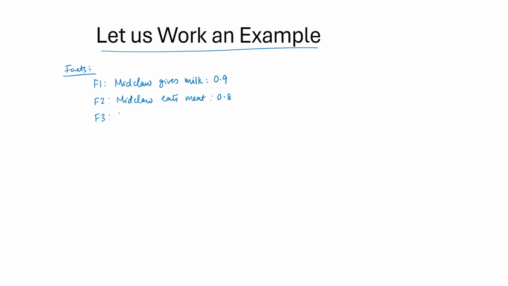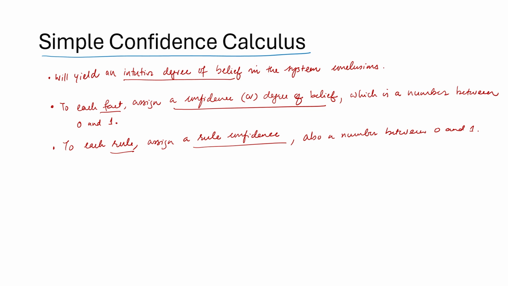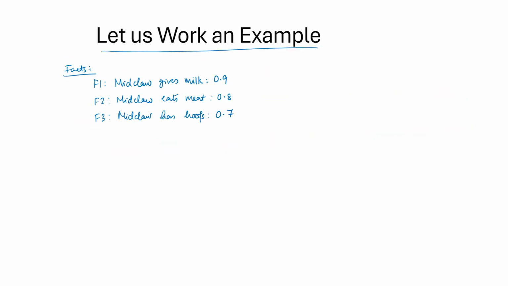F3, mid-claw has hoofs, 0.7. So, what we are doing is assigning a confidence to each fact. The confidences we have assigned at this point are 0.9 for mid-claw gives milk, 0.8 for mid-claw eats meat, and 0.7 for mid-claw has hoofs.